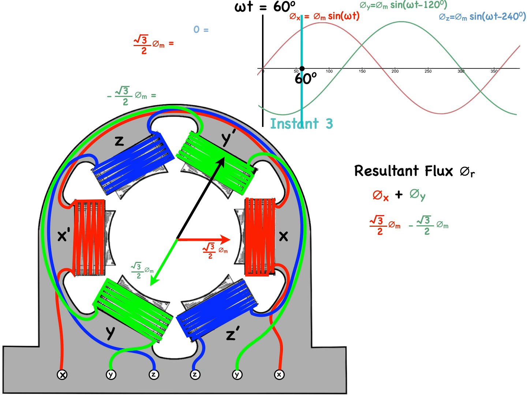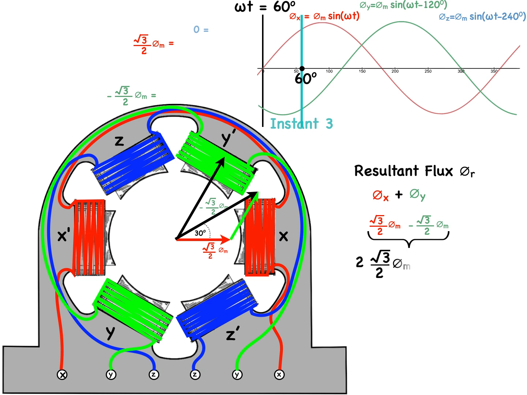But again, it is minus, so it is going to be in the other direction. We're going to add those two phasors together, which gives us a resultant which is 30 degrees ahead of the red flux phasor.